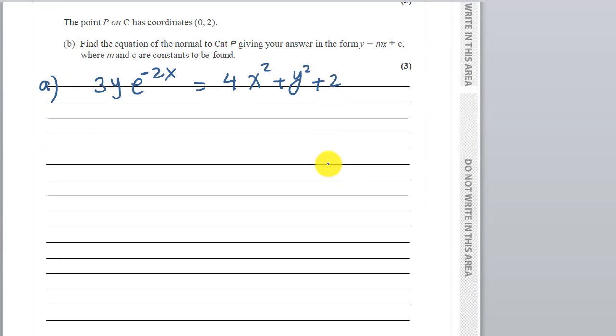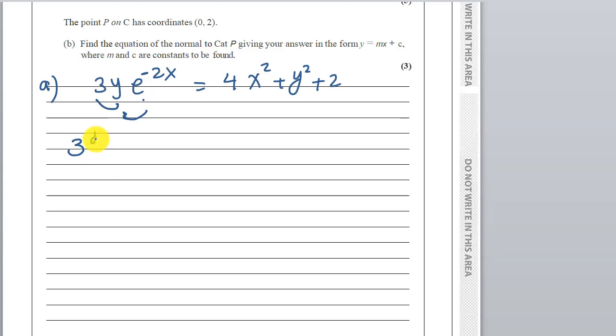Let us take dy by dx. So let us differentiate the whole equation. This part first multiplied by the second one, and then the second one multiplied by the first one.